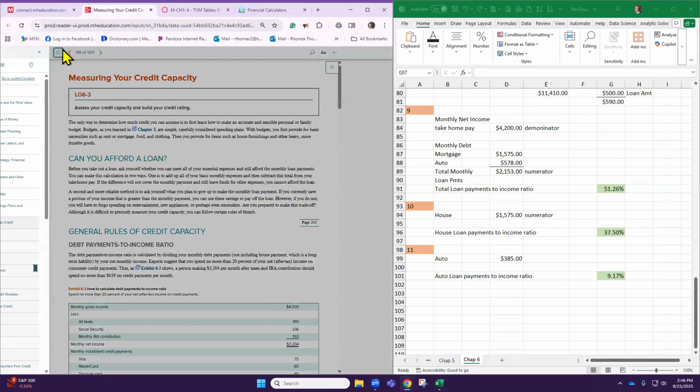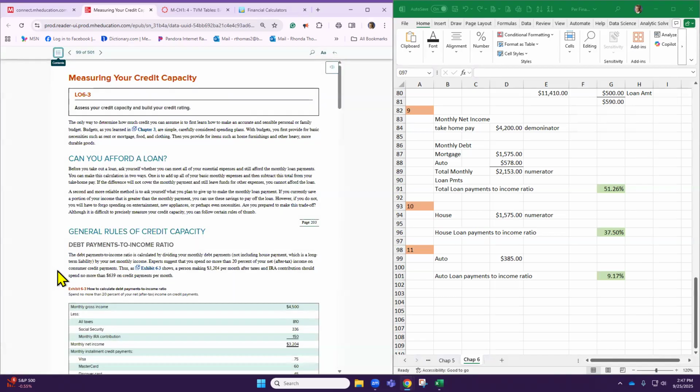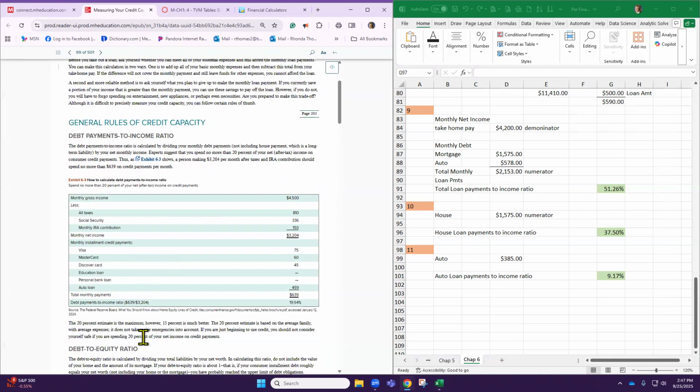Let me go back. Applying for credit. Measuring your credit capacity. Experts suggest that you spend no more than 20% of your income on consumer credit payments. Well, this is a house and a car, so that is not consumer credit. If you look at this, you can see more things that are considered consumer credit.